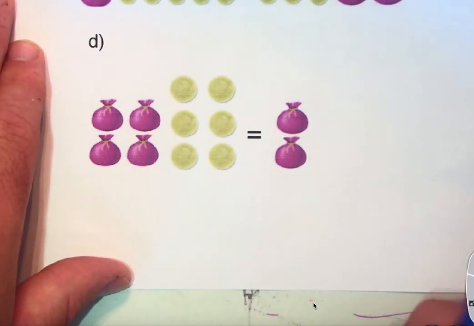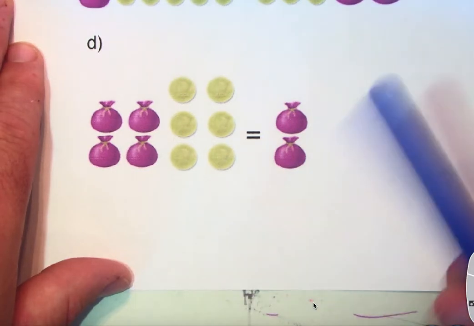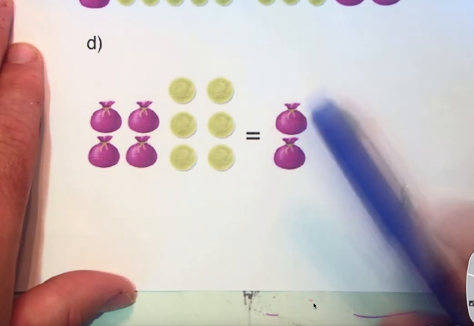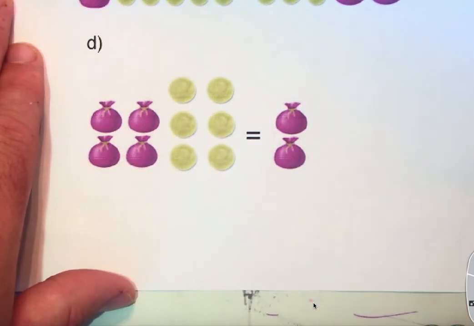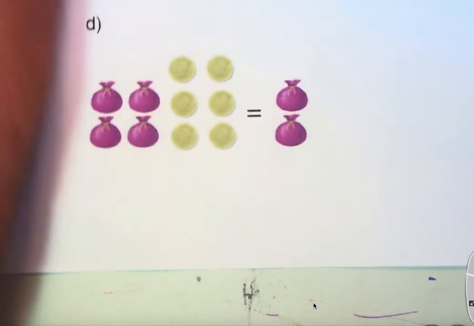Well, what we find is this one may not have an answer. And we'll talk about why later. But just keep in mind that we actually can't get a number of coins unless we think a little differently about it. So hang on to number D. We're going to talk about that tomorrow. Okay.